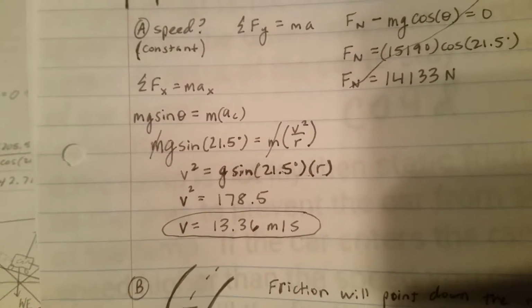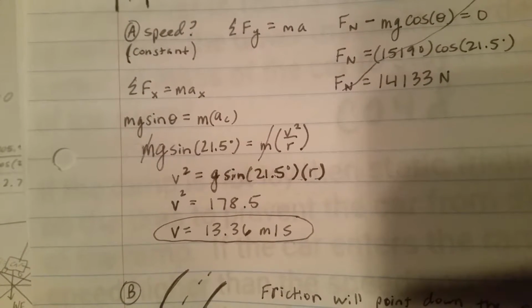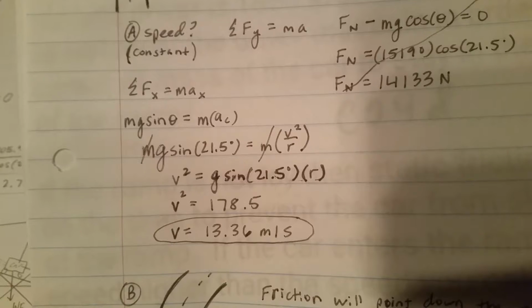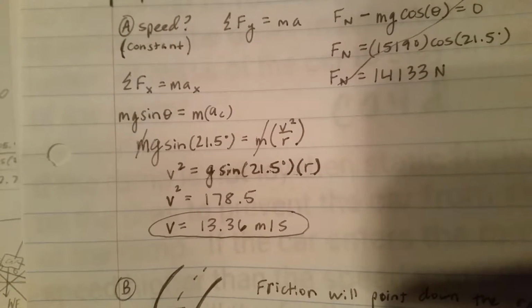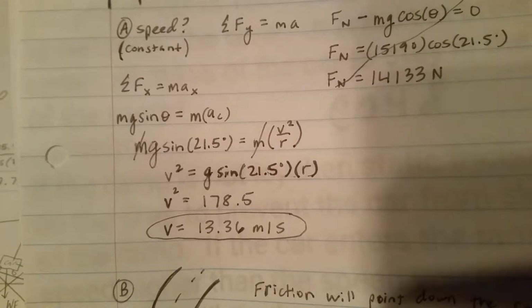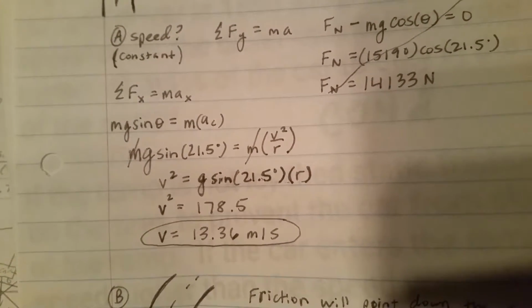Since it's on a curve, it's going to be centripetal, so the acceleration turns into v squared over r, and you can solve for v since you are given the radius. v for part A turns out to be 13.6 meters per second.